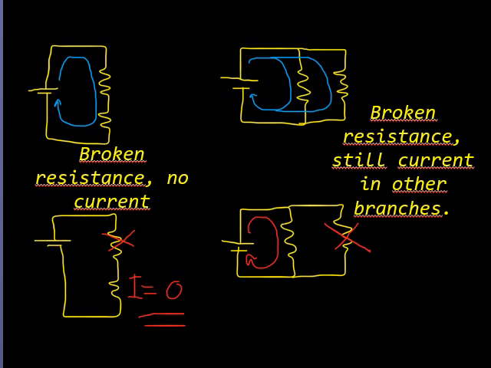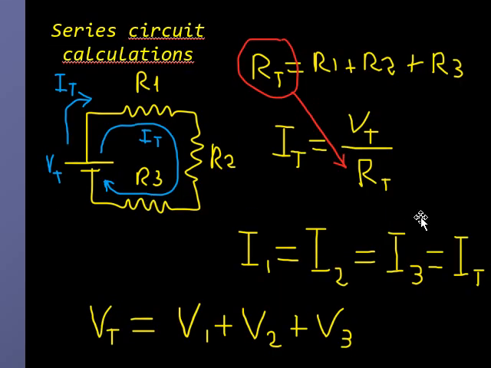Okay. So let's see how to calculate the different parameters or variables in a series circuit. You have a summary here. Imagine that you have a circuit with three resistances, R1, R2, R3. We have the total current that is the same because there is no other way for the current. We have the total voltage, and the equivalent resistance or total resistance is very easy to calculate. We only have to add the three resistances we have.